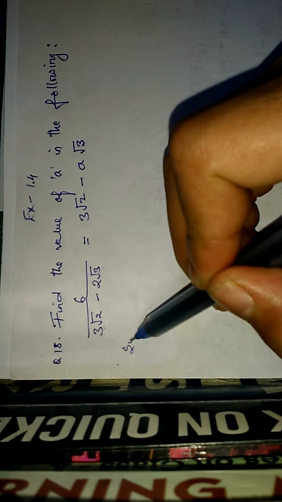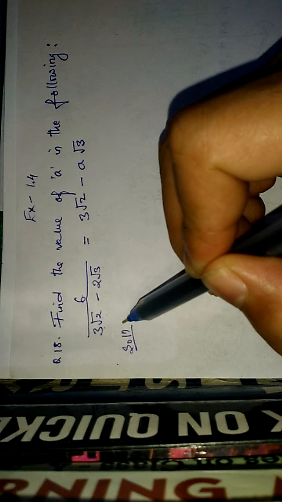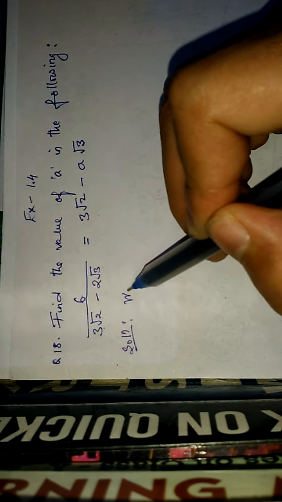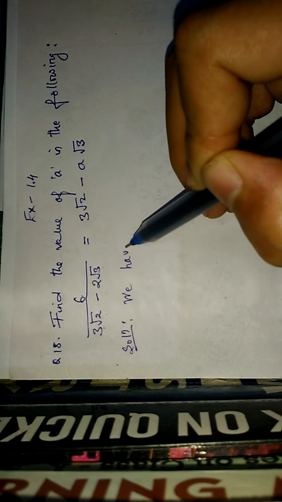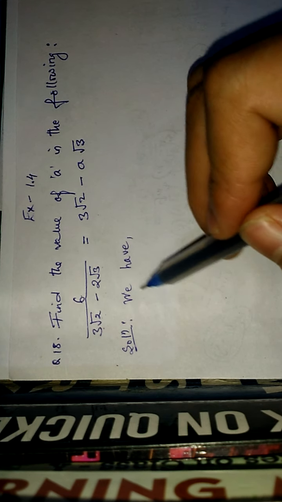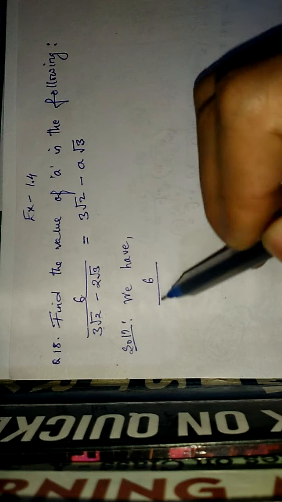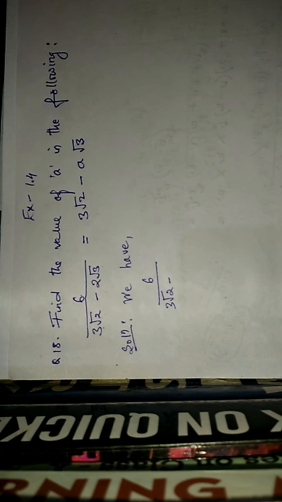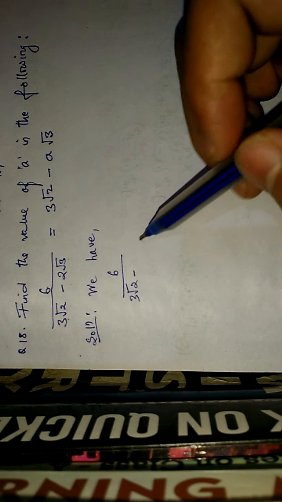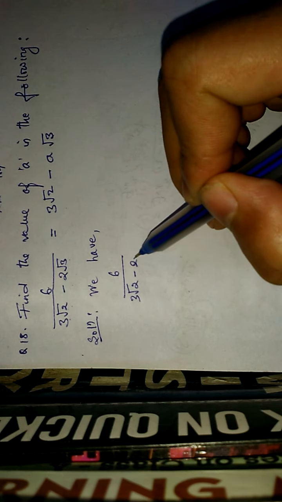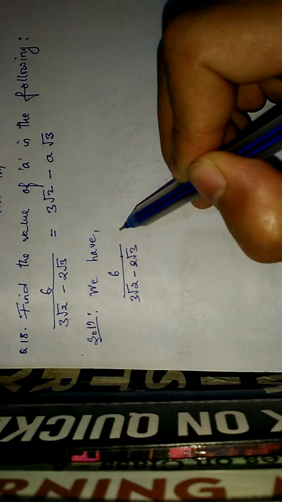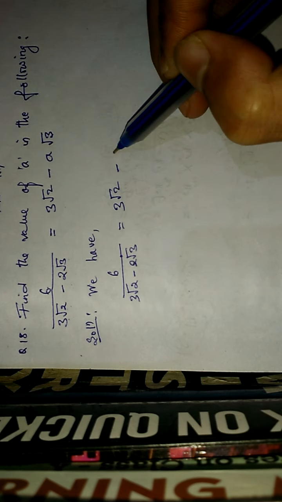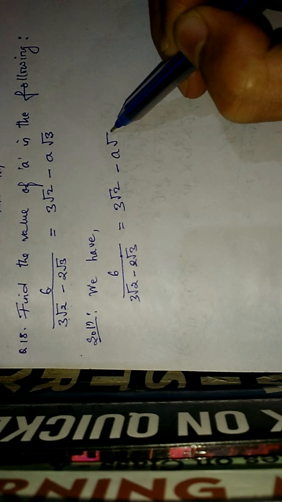Solution. We have 6 by 3 root 2 minus 2 root 3, and this is equal to 3 root 2 minus a root 3.